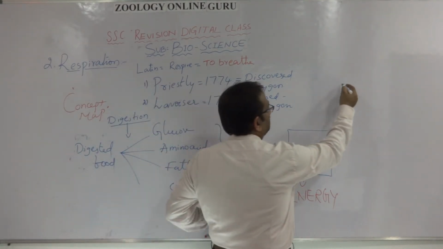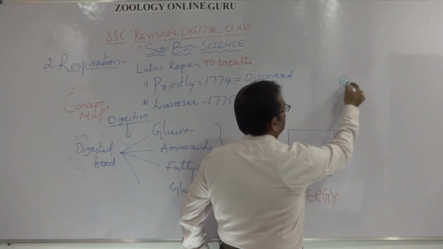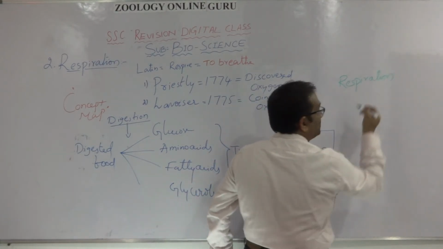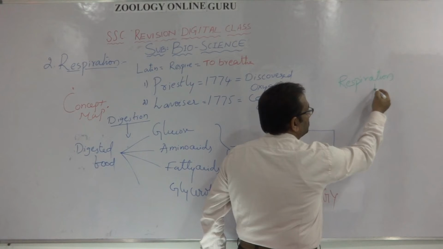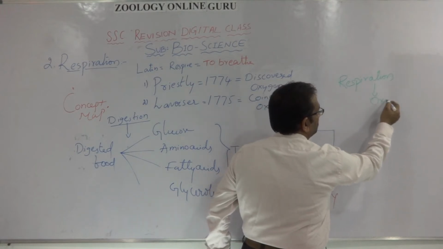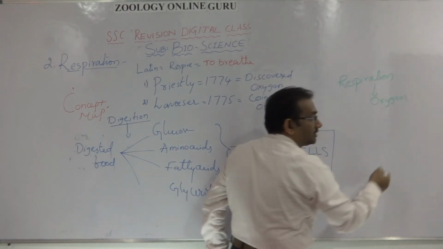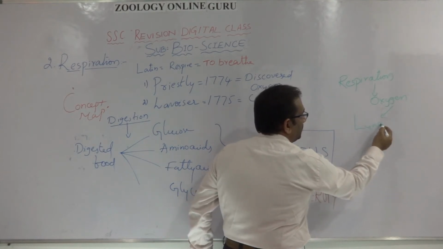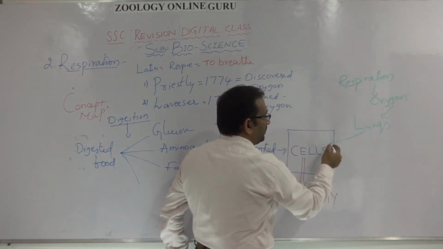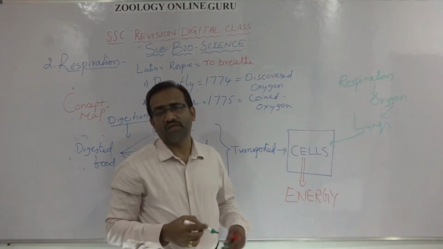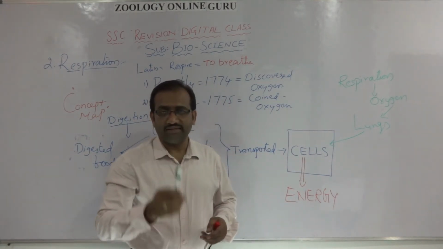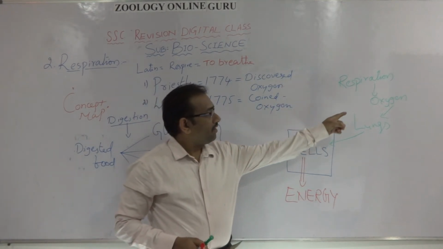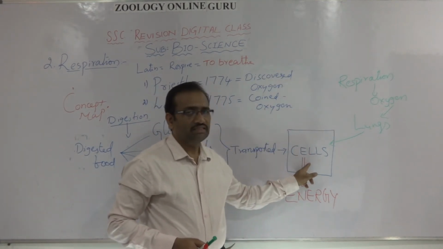In respiration, oxygen enters into the lungs and is transported to the cells. So the ultimate target of digested food and the ultimate target of oxygen is the cells.